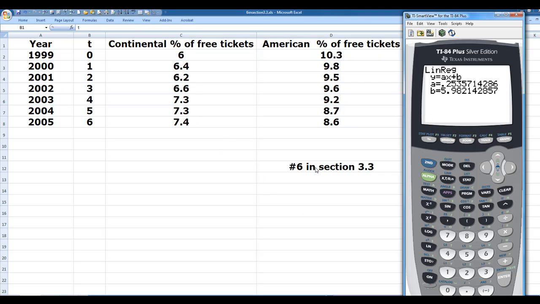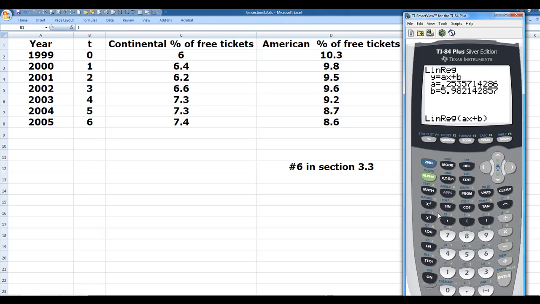Now for the equation of the line in which our response, the dependent variable, is L3 and the explanatory, the independent variable, is L1, we have to be careful with another step. When we ask for the regression line, by default it treats L1 and L2 as the independent and dependent variables.